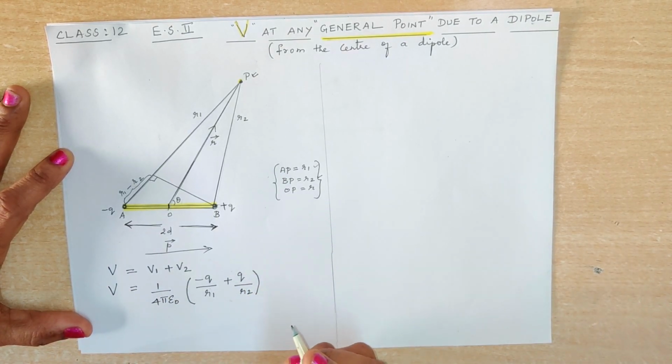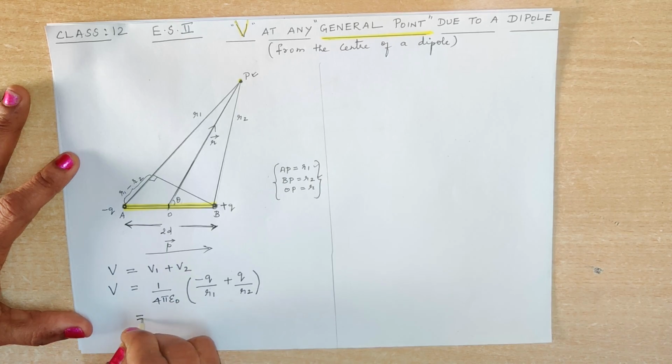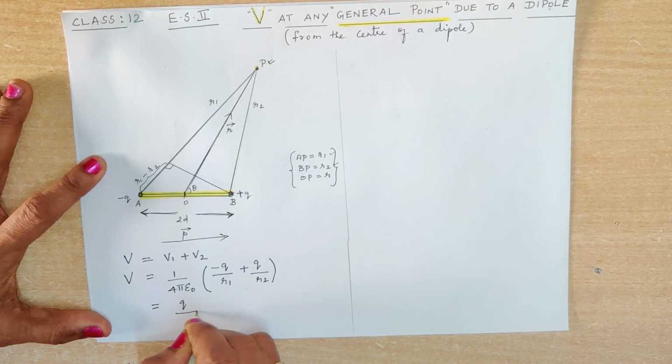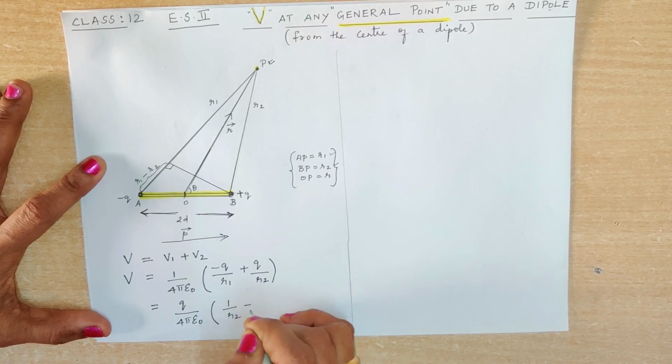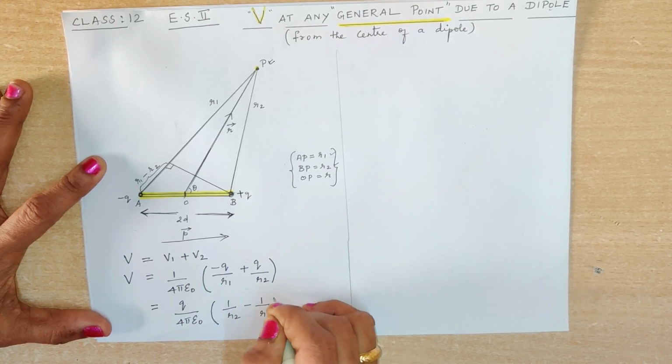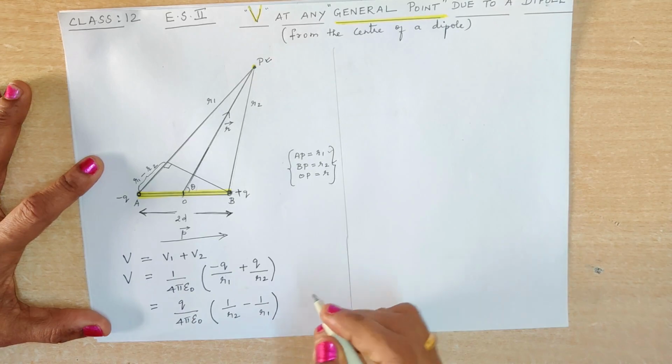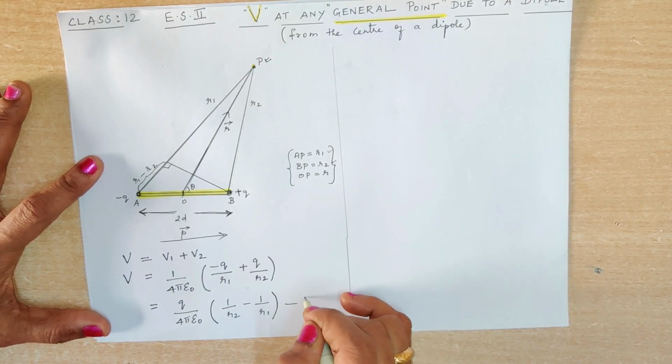This is the initial step. We can also proceed by taking Q common outside, with 4 pi epsilon 0, and here 1 by R2 minus 1 by R1 for sign convenience. Let this be equation 1.